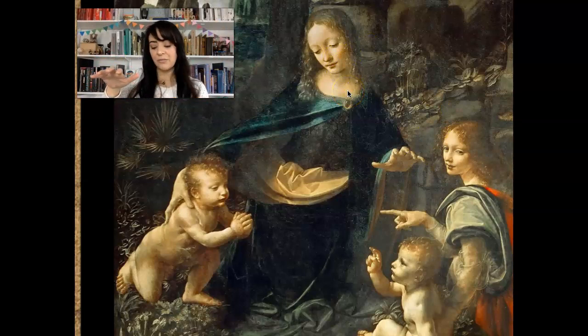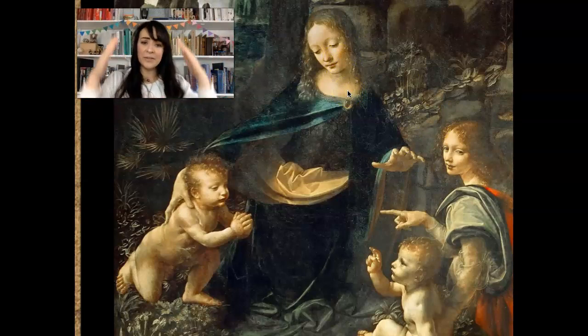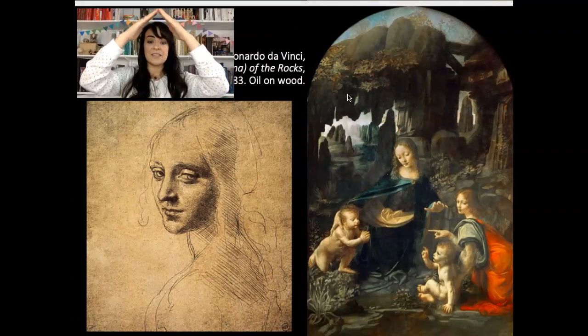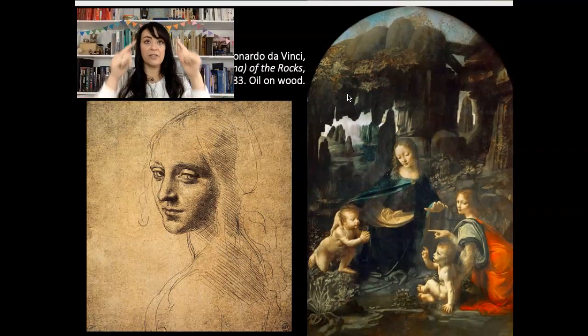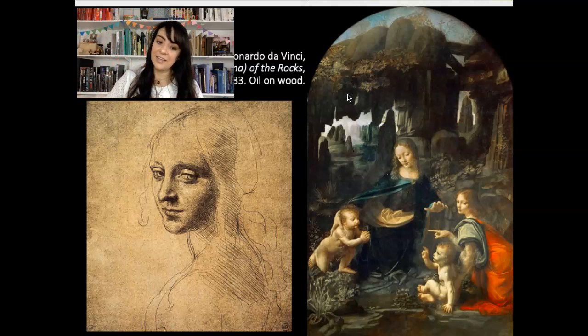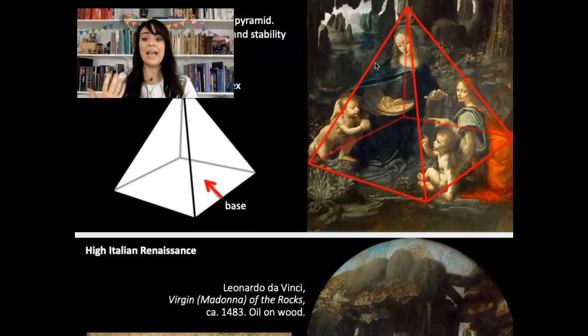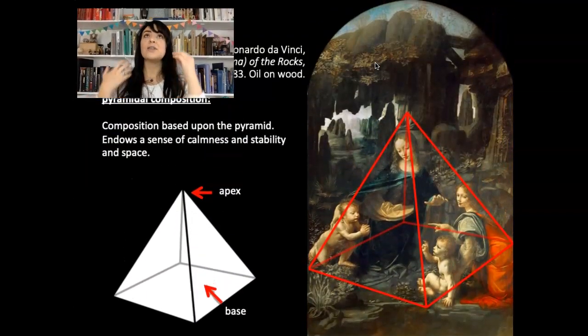So again, we have that reverence and protection. And remember, in the composition, she is the apex of this. And so our eye will then lead up, but she encourages our eye to look down, touch back down into the space. So pyramidal composition and gesture are more characteristics that we see in the Renaissance.